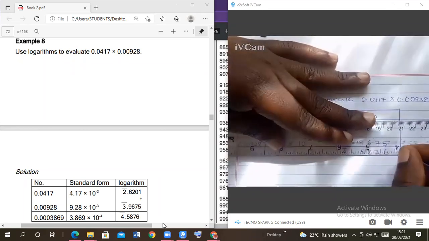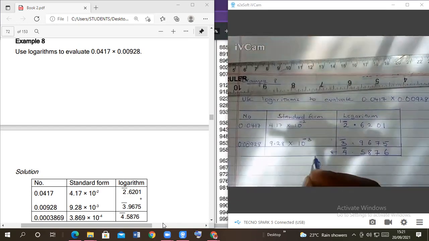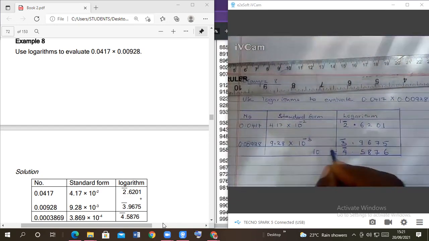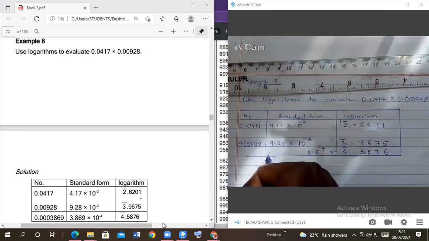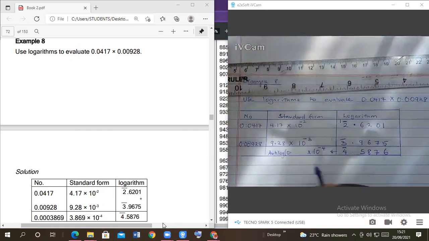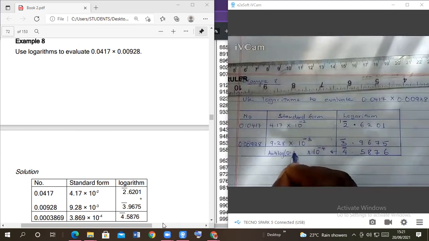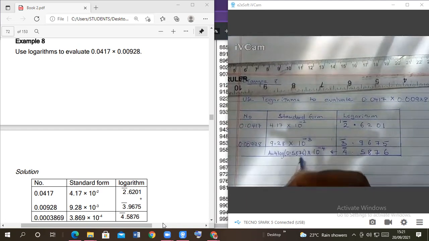So now we are going to change it to this side. That means that here we have 10 to the power negative 4 times the antilog of 0.5876.